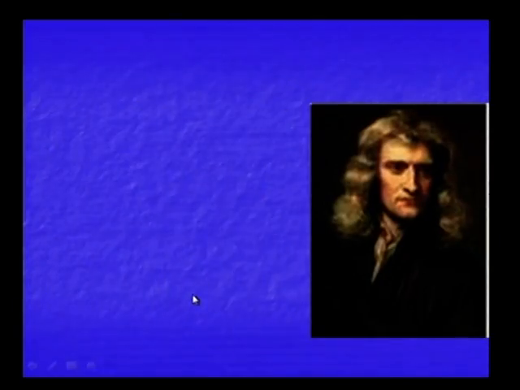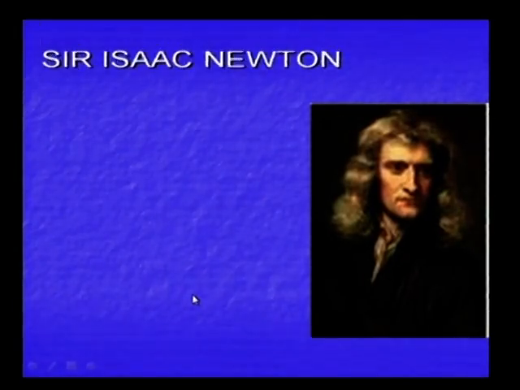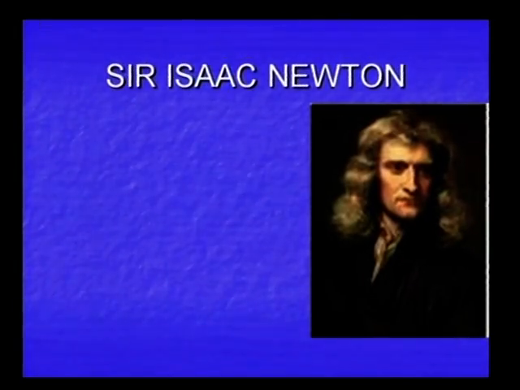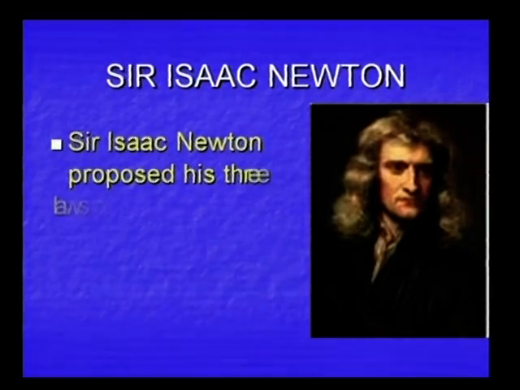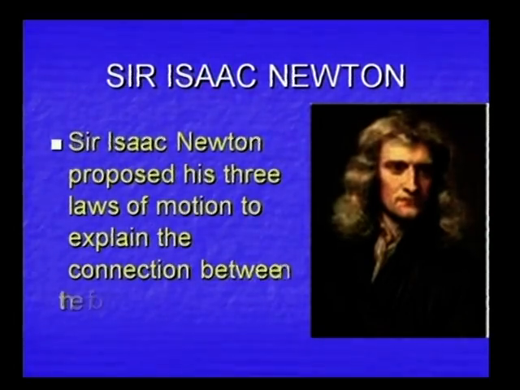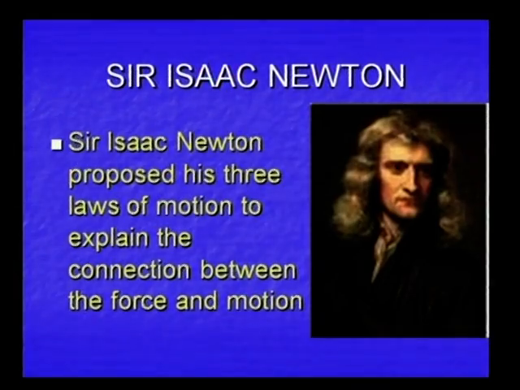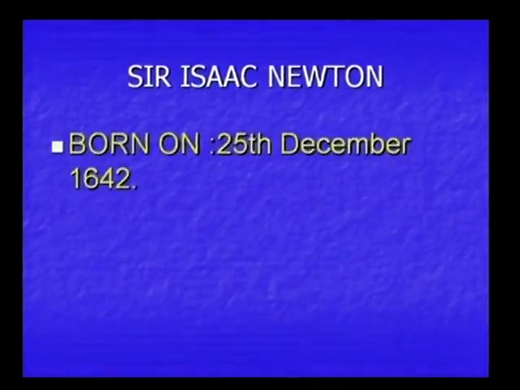And do you know who is he? He is Sir Isaac Newton. And Sir Isaac Newton proposed his 3 laws of motion to explain the connection between the force and motion. Sir Isaac Newton was born on 25th December, on Christmas Day, in the year 1642.